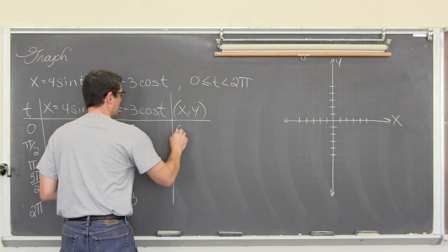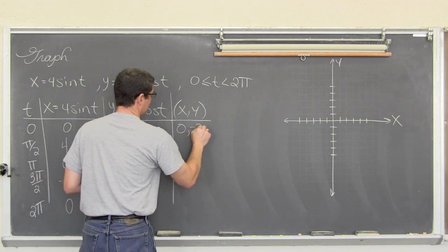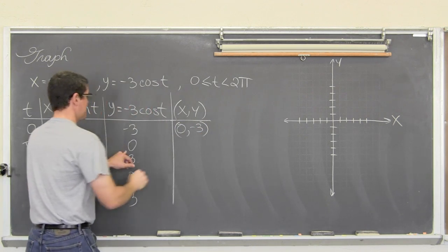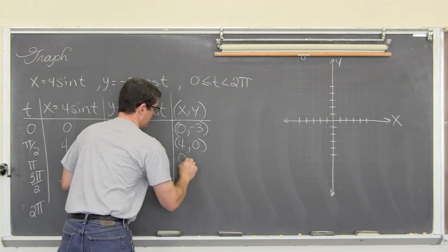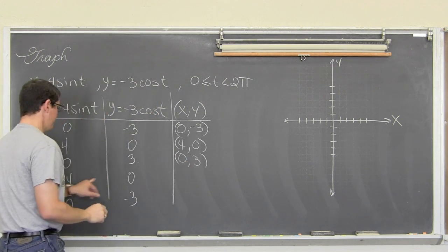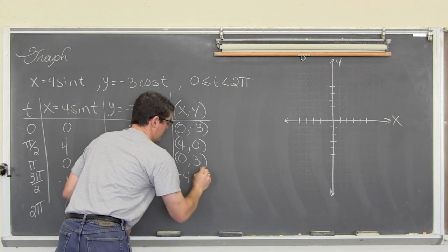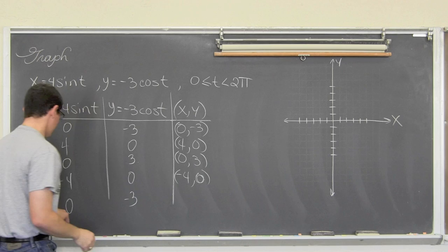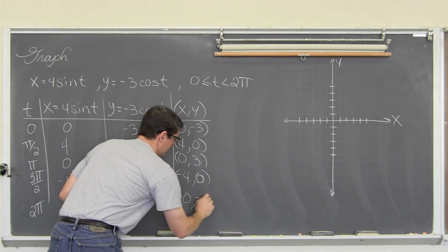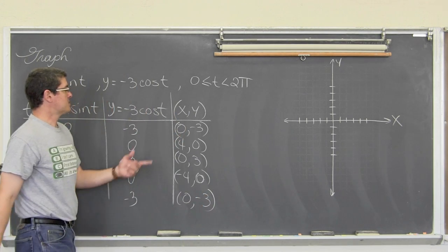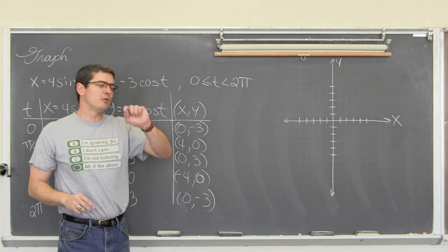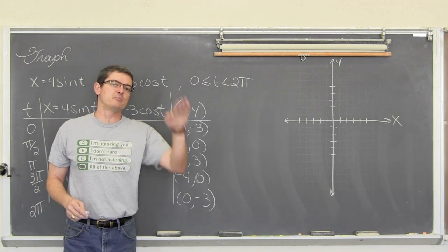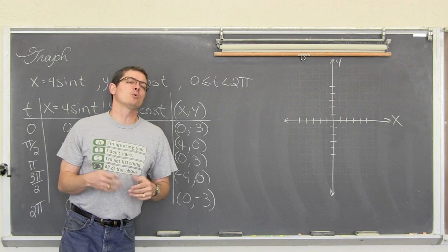So our points are 0, -3, 4, 0, 0, 3, -4, 0, and finally 0, -3. So we're going to plot the points, and again, I'm going to just make a little note as to where I'm putting the points, the order that I'm putting them, so I can put the arrows in the proper order when I'm done.